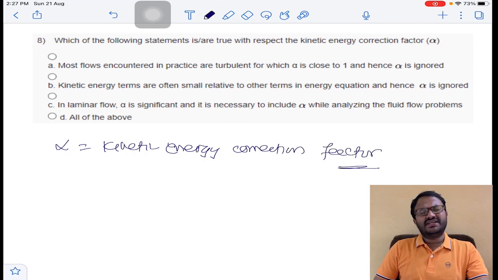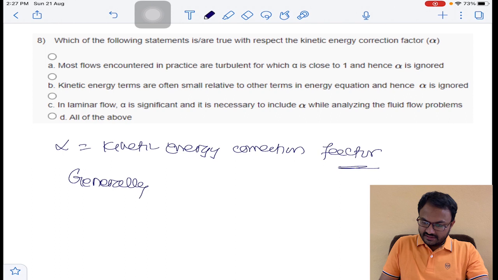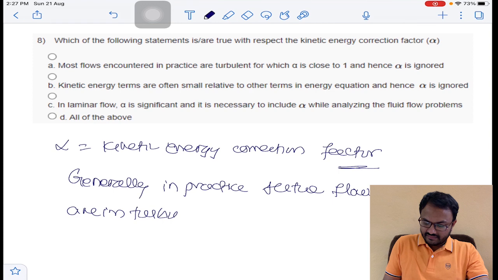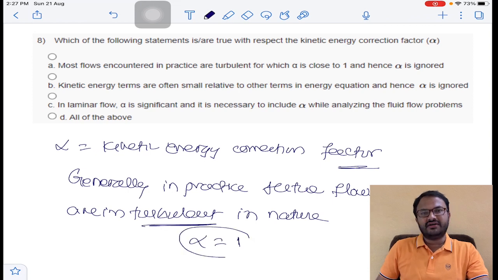In practical problems, generally all the fluid flows encountered are turbulent in nature. For turbulent flow, alpha is almost equal to 1, so we can neglect the value of alpha.